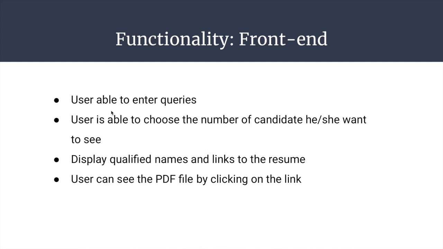Also, if he enters something that is not related to any of the resumes, the page will display no resumes. And the user could click on the link to see the PDF file.